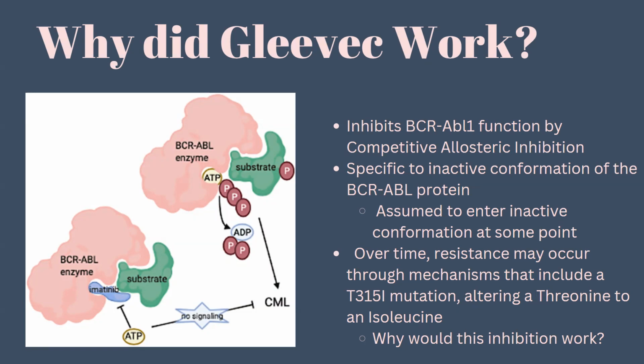Isoleucine has a lot more carbon chains. Yeah, exactly. If you're highly dependent on these polar interactions from imatinib to bind to the binding pocket, all of a sudden, when you have no hydroxyl group right here, you just cannot form your polar interactions, and that prevents imatinib from binding onto its binding site.